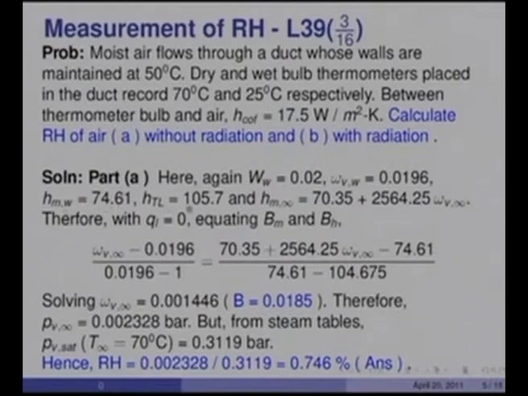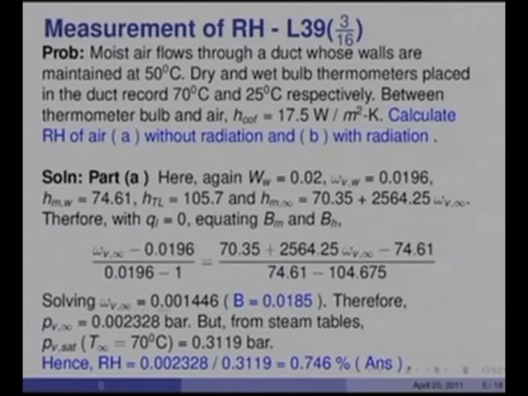HTL will be 4.186 into 25, giving 105.7, and H infinity would be 70.35 plus 564.25 into omega V infinity. And therefore, equating BM with BH, we would simply get that relationship, from which, solving, we would get omega V infinity equal to 0.001446, and B itself would be 0.0185.